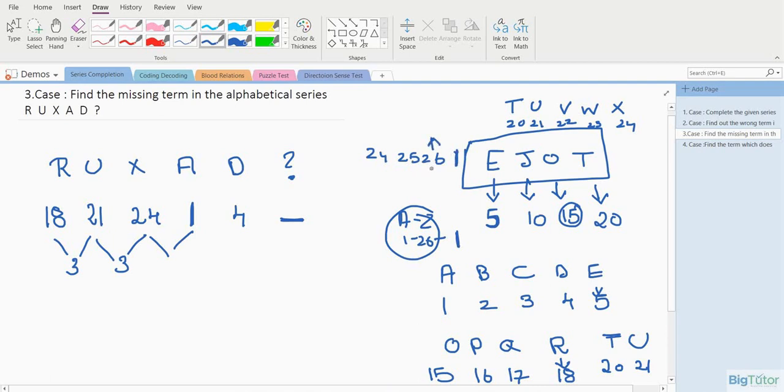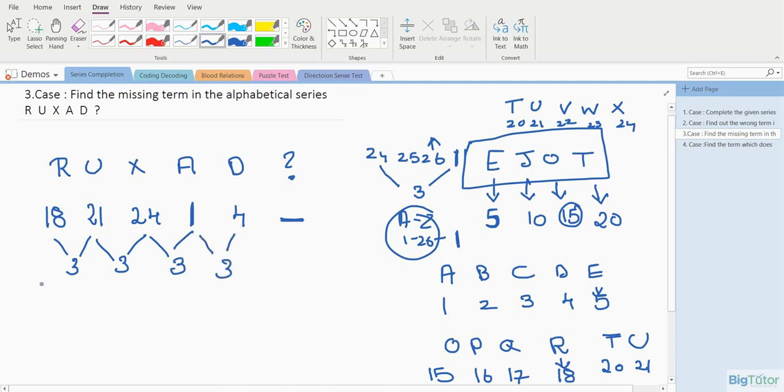After 26 the series starts again with 1, 2, 3, 4 and up to 26. So the difference between 24 and 1 is ideally 3 in the alphabetical series. So it is 3 again, and 1 plus 3 is 4.